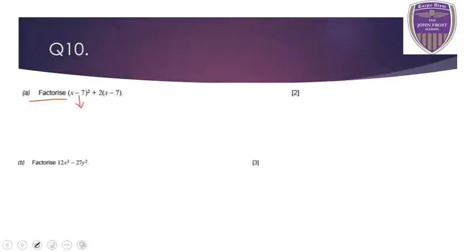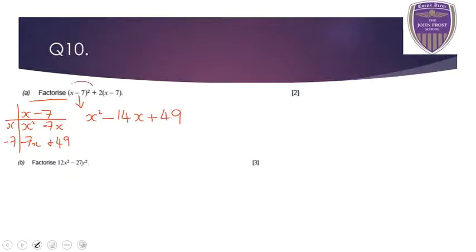So x minus 7 squared, x minus 7 times x minus 7, you're going to get x squared minus 7x minus 7x plus 49. So when you've multiplied out the first bracket, you end up with x squared minus 14x plus 49.